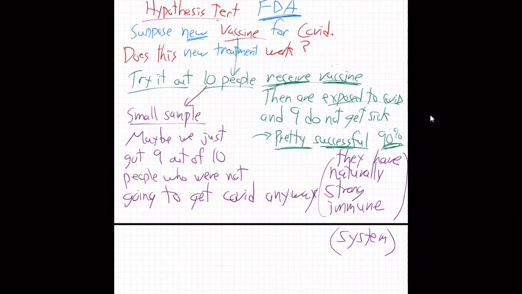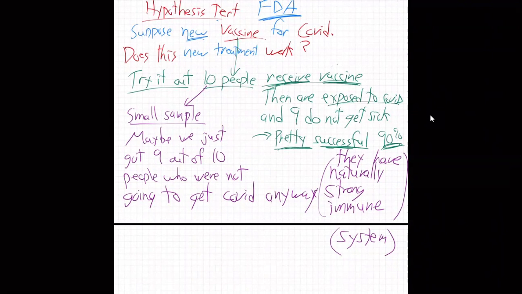You see the problem? Because the FDA wants to be sure, I mean, obviously, I hope they are careful and sure before they give it to the entire nation. They don't want to go, oh, whoops, sorry, America. We did a study, but you know what? We just happened to get 10 lucky people, and they just had great immune systems. And so we thought the vaccine was working.